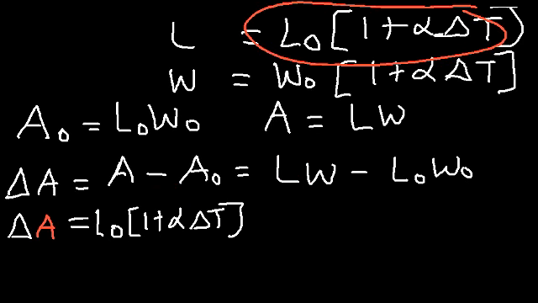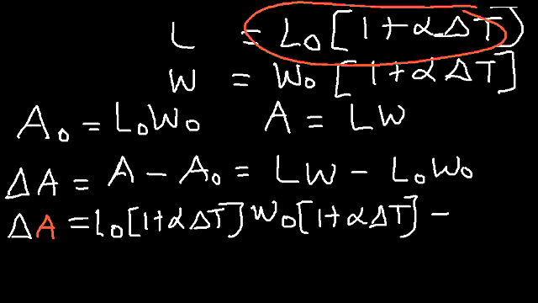Now we're going to replace W with what it's equal to here. So W is W0 times 1 plus alpha delta T, and then minus L0 W0.